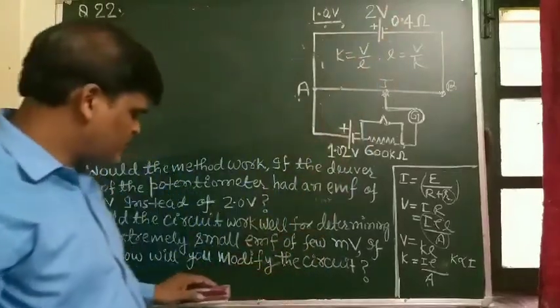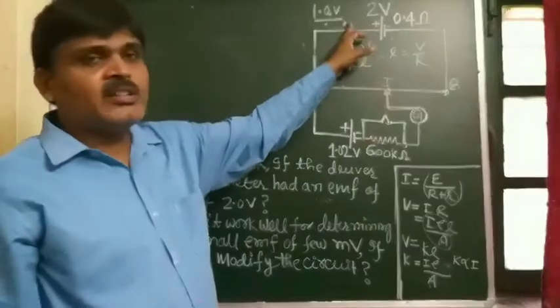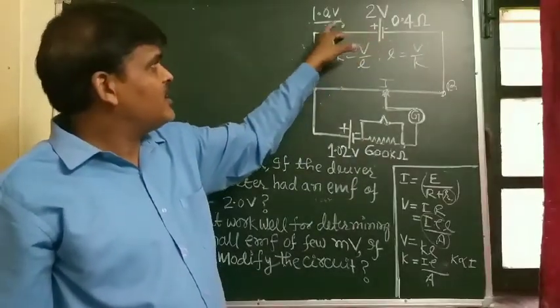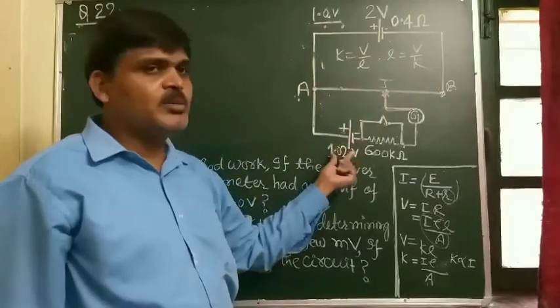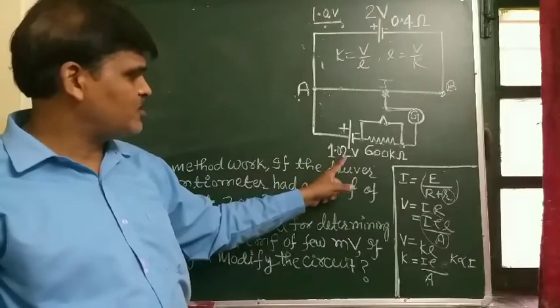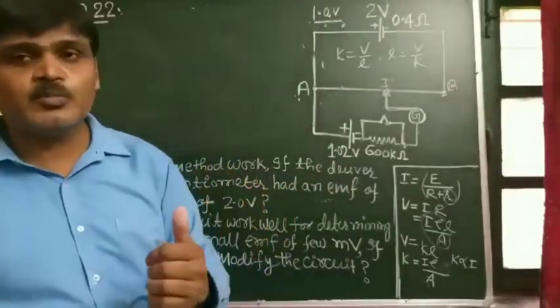And student, already you know that if the battery voltage of the driver cell is less than the EMF of the cell to be measured, here one EMF of the cell is 1.02, another EMF of the cell which we have determined is 1.247 volt.